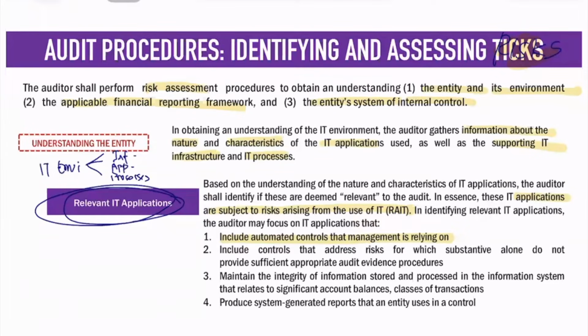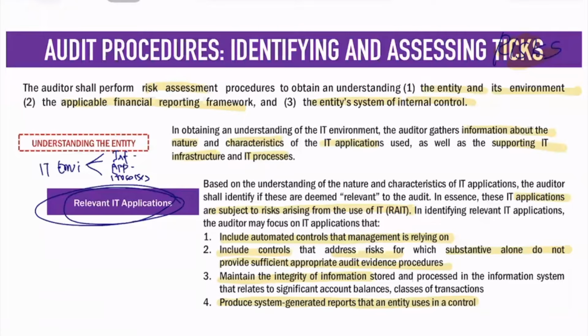So based on the IT applications, what has automated controls? Include controls that address risks where substantive procedures alone do not provide sufficient appropriate audit evidence, maintain the integrity of information stored and processed, and produce system-generated reports that the entity uses in a control.